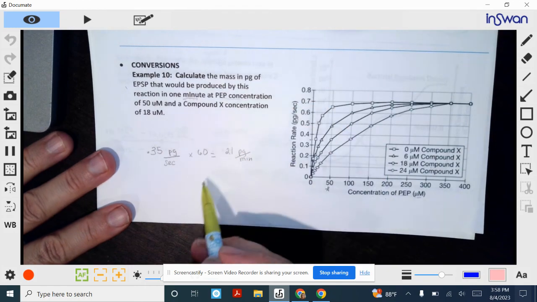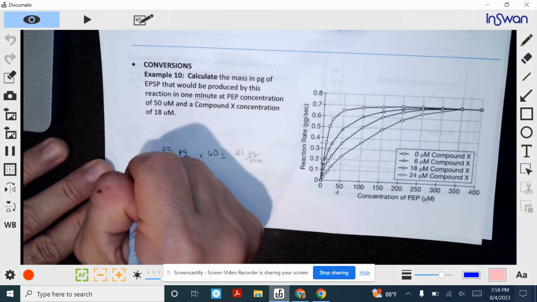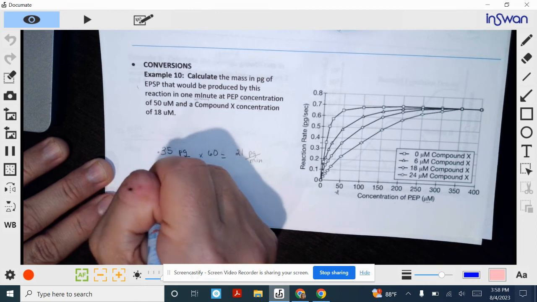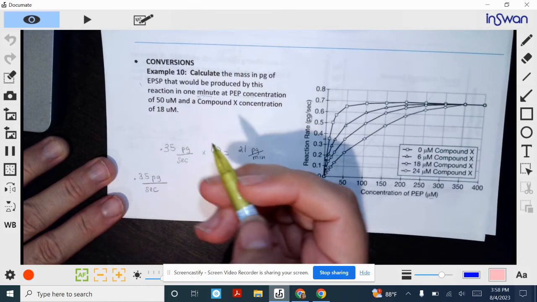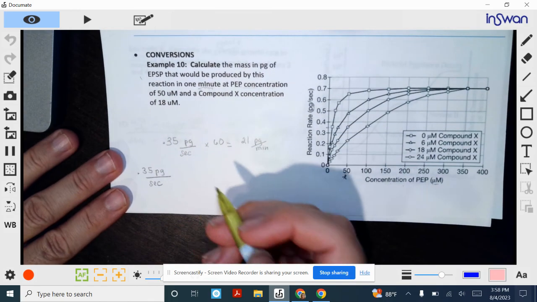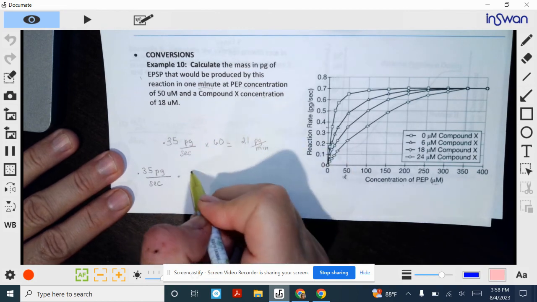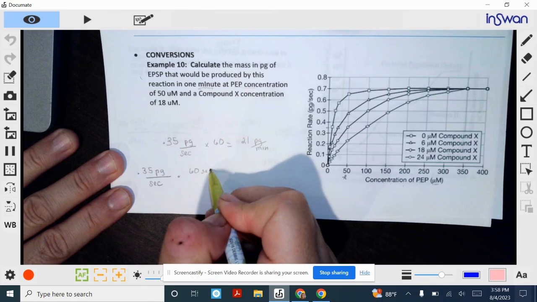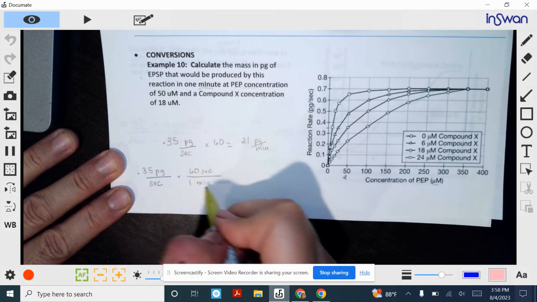Those of you that know stoichiometry, let me just show you how these units are canceling and how you can use stoichiometry and other things outside of chemistry, even biology, right? So think about it. We have 60 seconds in 1 minute. This has to be a true statement that we write here. In 60 seconds, we also have 1 minute, right?